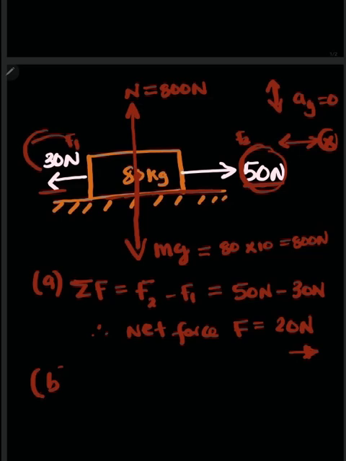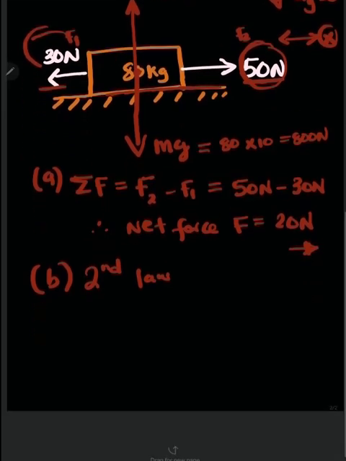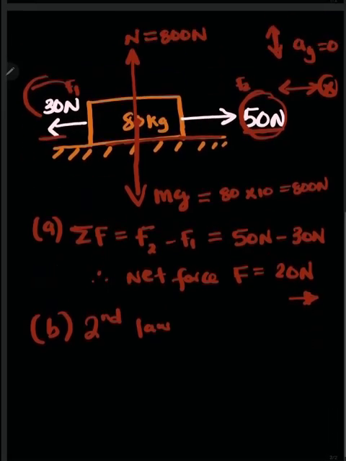Now, to find the acceleration of the box, we need to use something called Newton's second law of motion. What does Newton's second law of motion state? It states that the acceleration of a body is directly proportional to the net force, but inversely proportional to the mass.